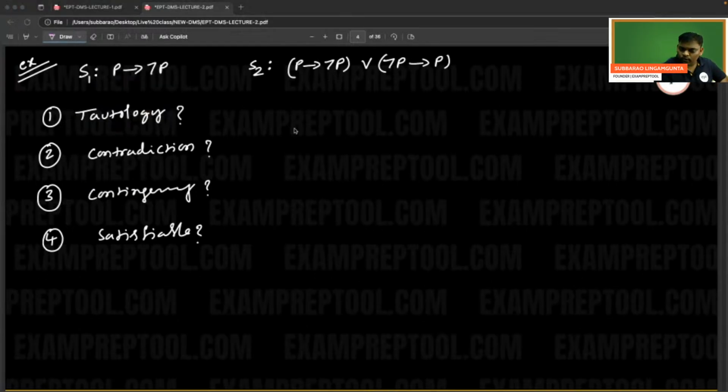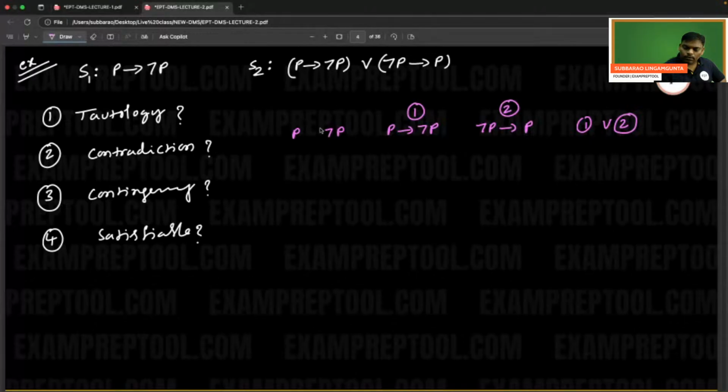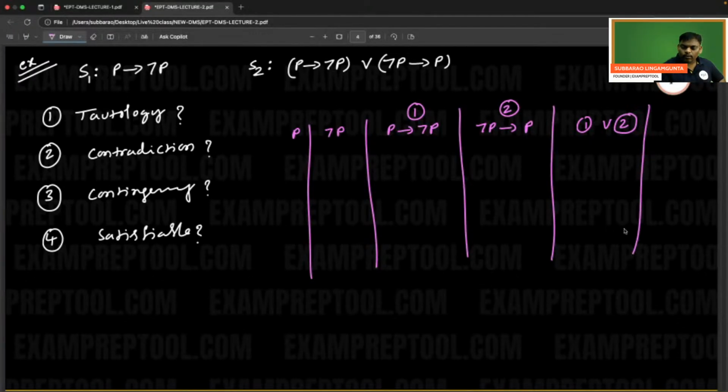If you observe, P here, negation P here, P implies negation P. Afterwards, negation P implies P. Only 2 rows will be there: true, false.